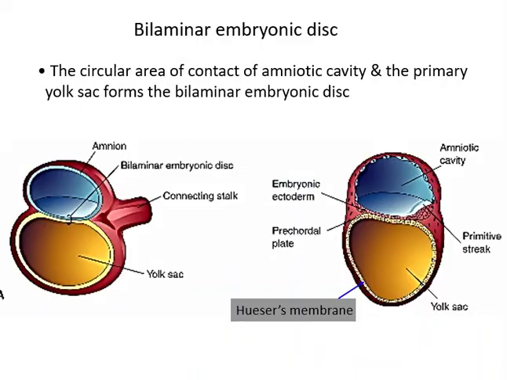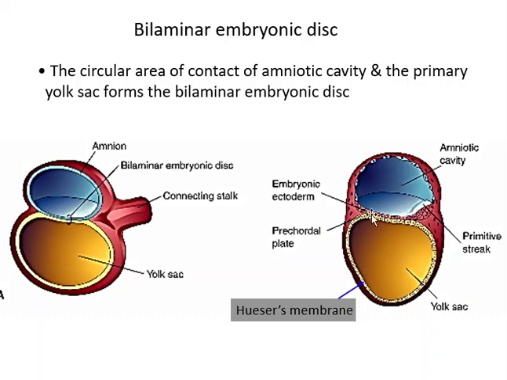The bilaminar disc or bilaminar embryonic disc is a circular area that contacts both the amniotic cavity and the primary yolk sac. Here we have the amniotic cavity, and here we have the primary yolk sac, and this is the embryonic or bilaminar embryonic disc.